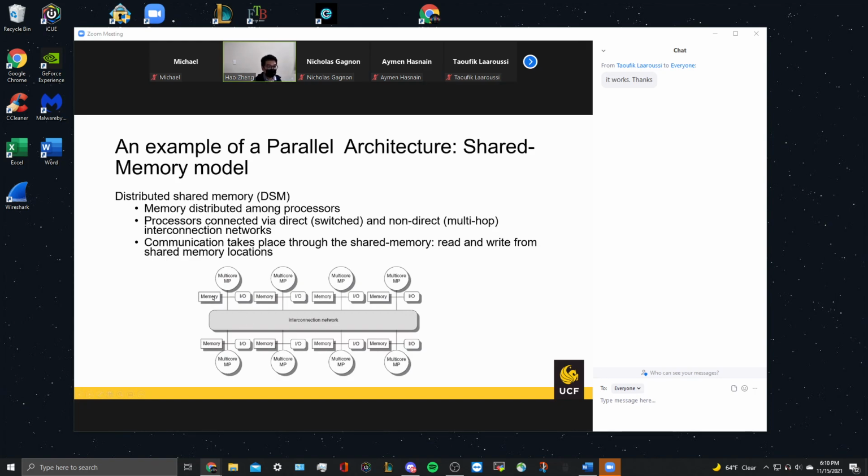So basically, the memory is distributed among processors, and the processors are connected via direct or non-direct switch interconnection networks. We will explain this later. Communication takes place through reads and writes to shared memory locations. Do you remember that?